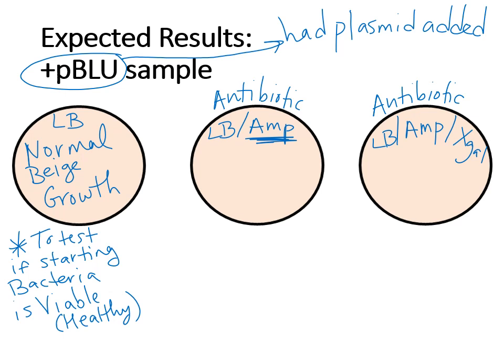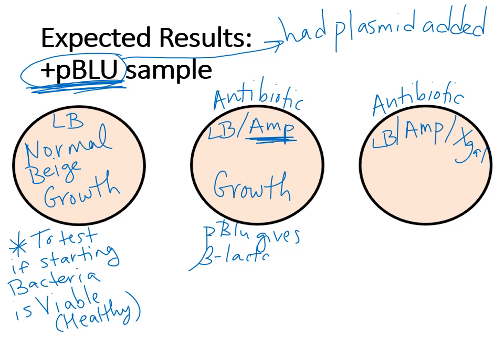If, however, the bacteria took in plasmid, because this is the plus P blue sample, then what should happen on the LB amp plate? You should see growth, okay? Because P blue gives beta lactamase, okay? Inactivates AMP.